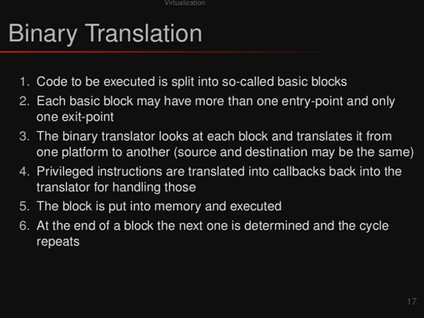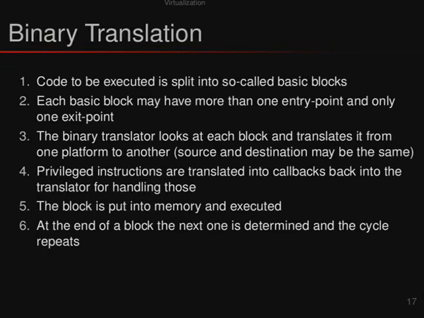And all the privileged instructions are just replaced with callbacks, basic function calls back into the binary translator where it is then handled and the behavior is emulated. The block, after it's being translated, is put into memory, and then it's executed by the CPU.